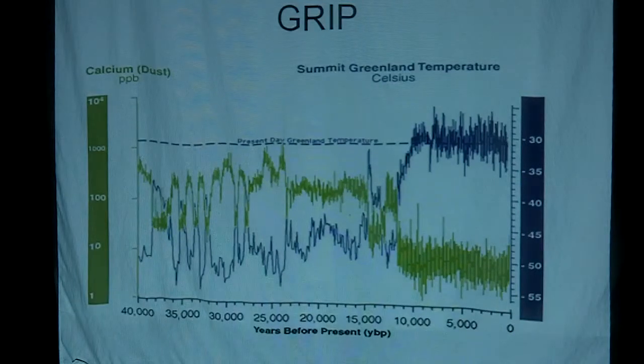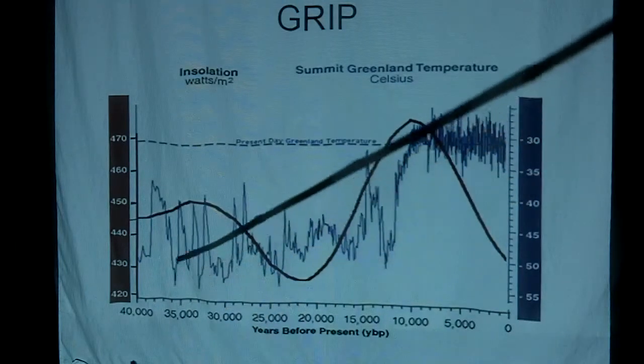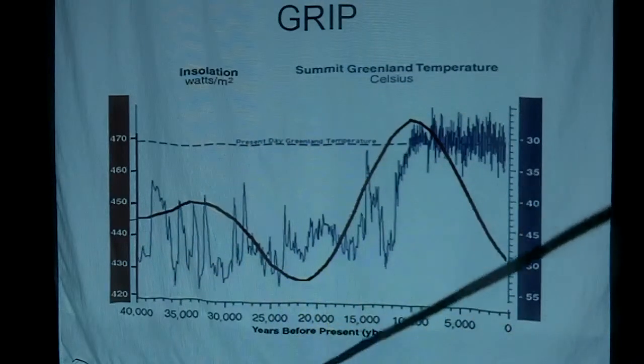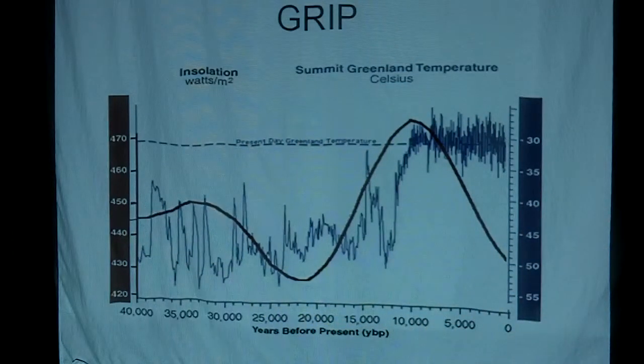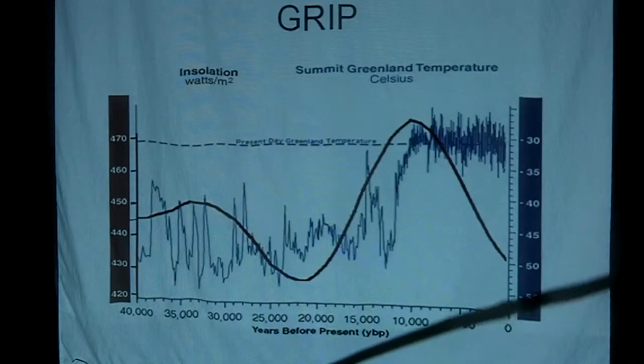So let me just add the last slide here before we come to the end of part 2. But this is insolation on this same temperature plot. Insolation at the latitude of Greenland.